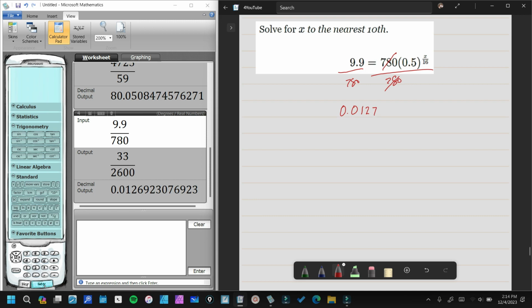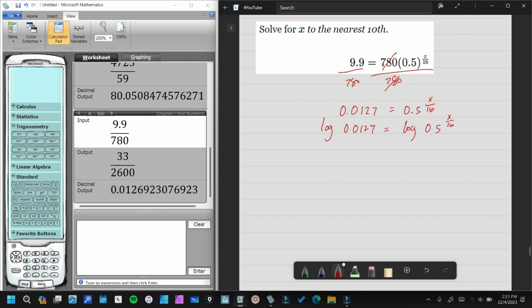0.01227. Let's have that. Equals 0.5 raised to x over 16. And then we will use logarithm to solve for the x here. So logarithm 0.01227 equals logarithm 0.5 raised to x over 16.